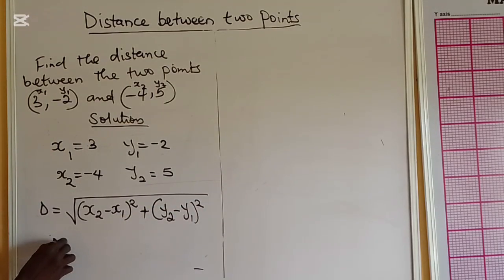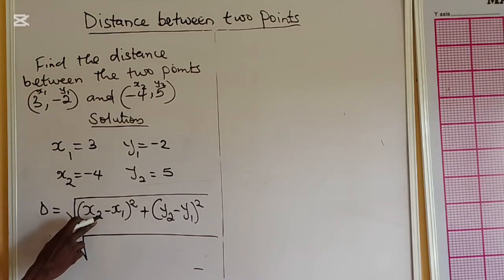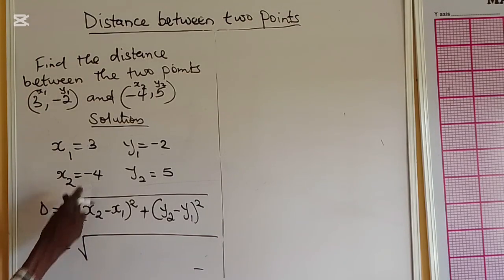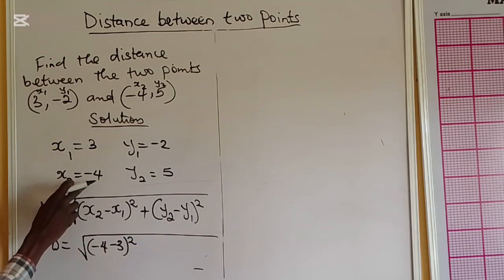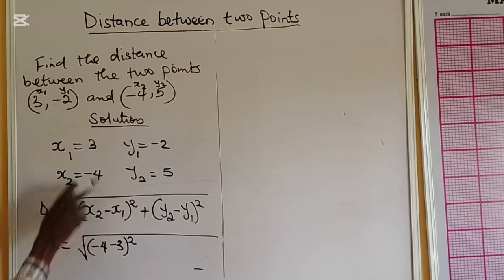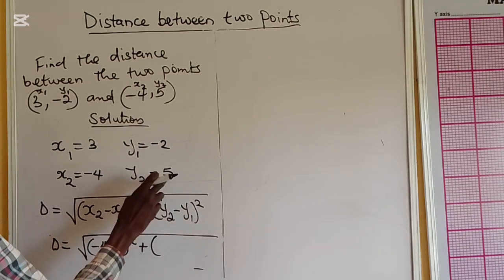Now, distance is equal to, what is x2 there? It is minus 4, then minus 3, all squared. Then, what is our y2 there?